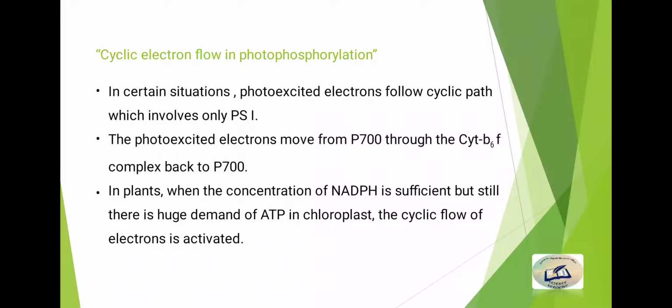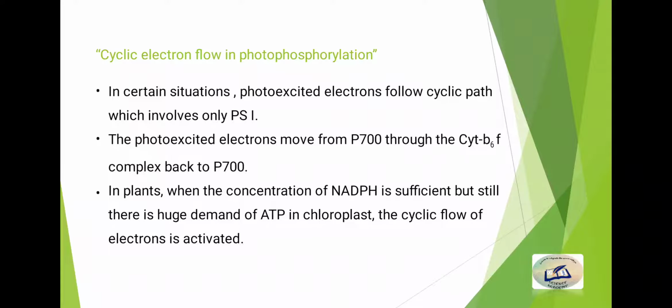So in the non-cyclic process, what was happening? There was photolysis of water yielding oxygen. There was reduction of NADP plus to NADPH. So there was NADPH production, and in addition there was ATP production.